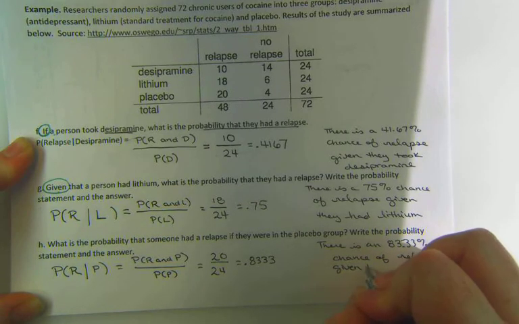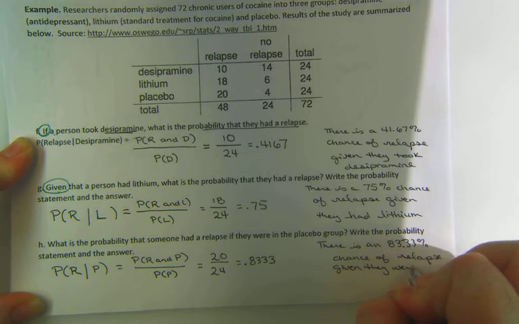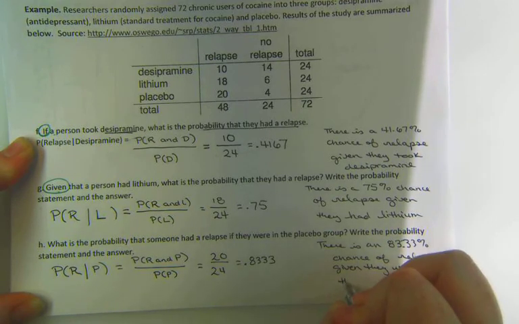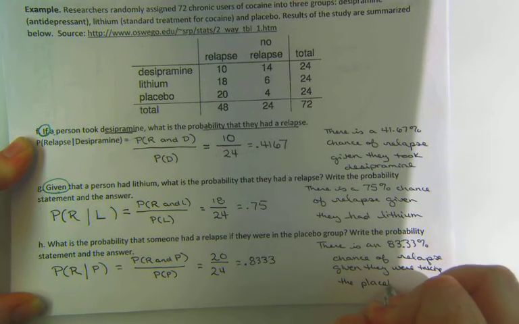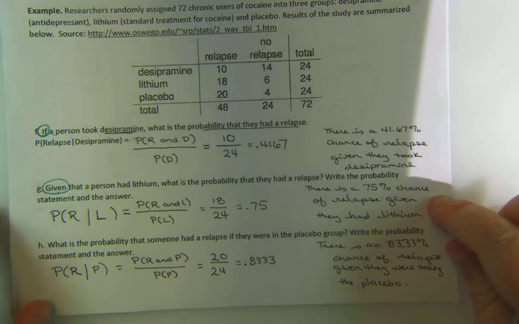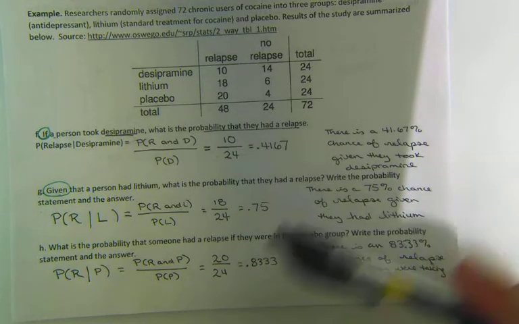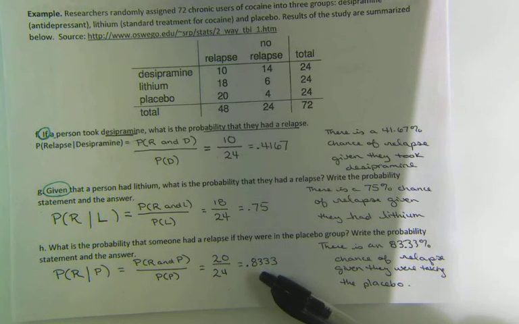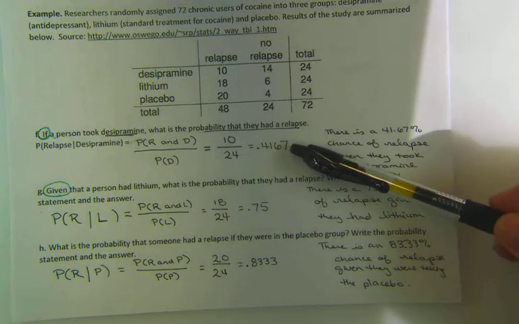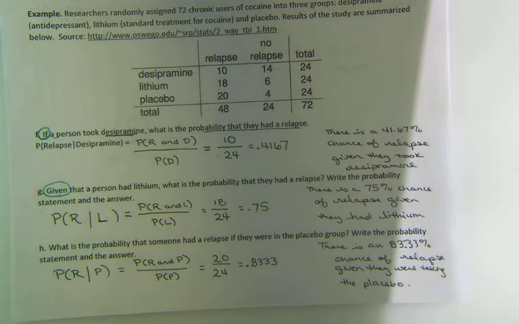So 20 people were taking the placebo and relapsed out of 24 people in the placebo group. So there is an 83.33% chance of relapse given they were taking the placebo.